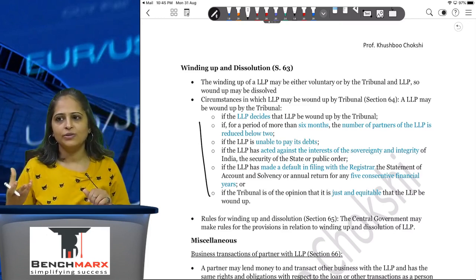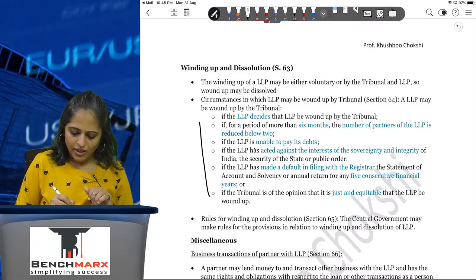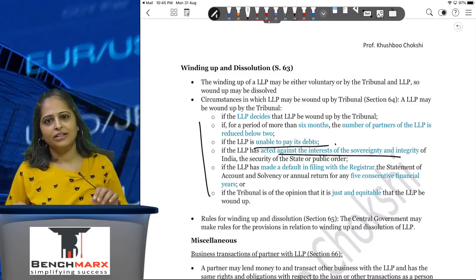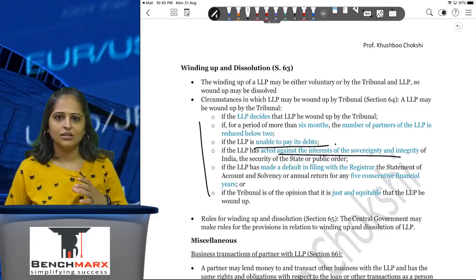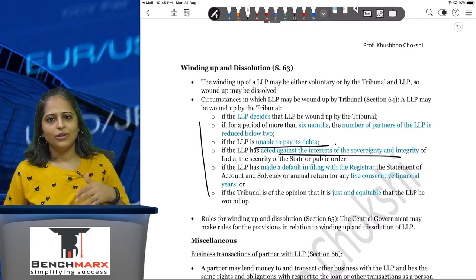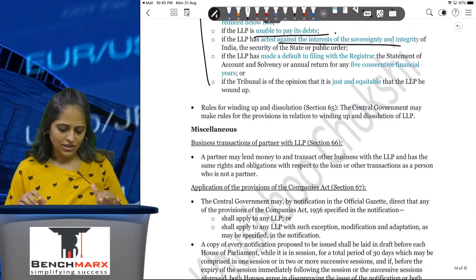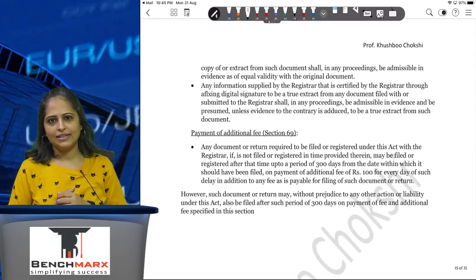Or if the tribunal feels that it's just and equitable to wind up this LLP, then you can apply for winding up. If you are unable to pay the debts, or if you have acted against the interest of sovereignty and integrity, then you can apply for winding up. So these are the 5-6 scenarios where you can apply for winding up and dissolution, and that is covered under section 63. So this basically ends the LLP Act.